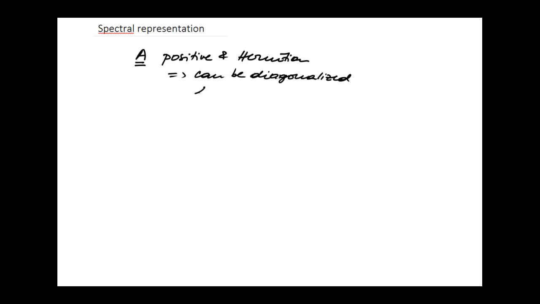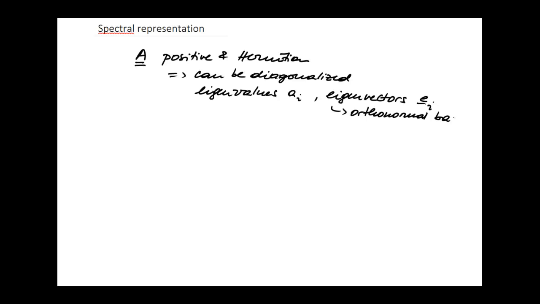So let's say we have a matrix A, which is positive and Hermitian. This implies it can be diagonalized. Let's say it has eigenvalues little a I and eigenvectors e I. And these eigenvectors form an orthonormal basis.